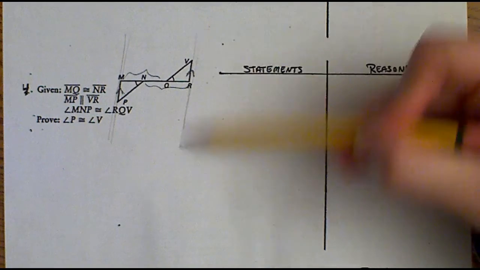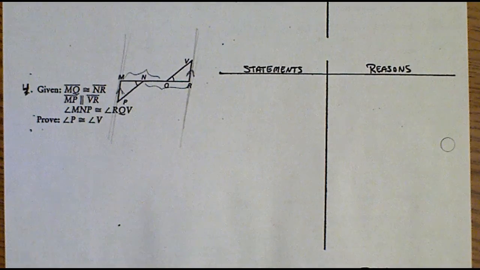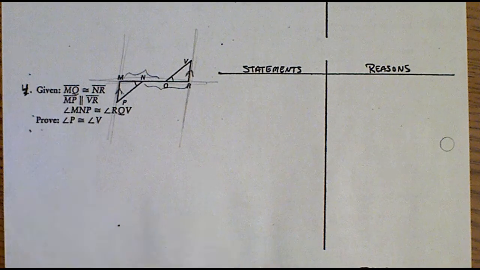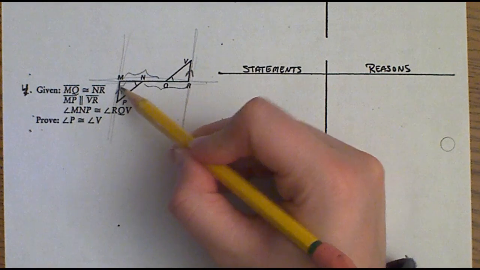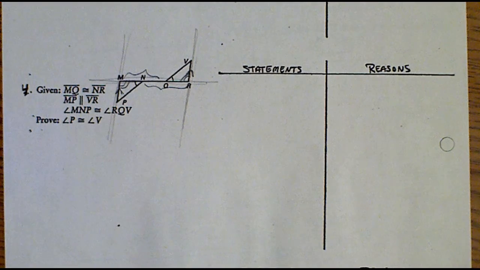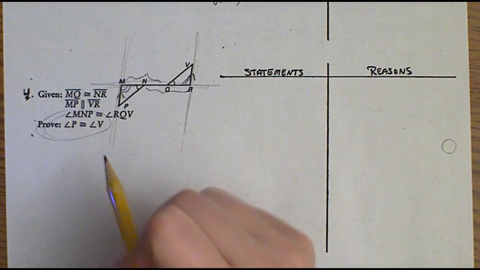Some people like to expand these, I think that's helpful, or use colors, and then notice that this is the transversal that cuts through both of them. So I can see right here, we have alternate interior angles. So pause the video again, see how far you can get. You want to, again, start trying to prove that these triangles are congruent before you can prove that the parts are congruent.